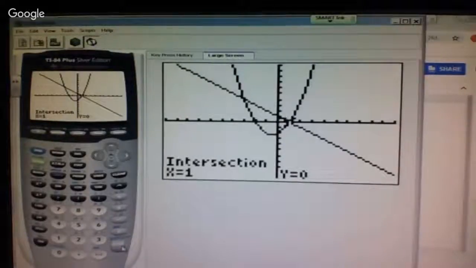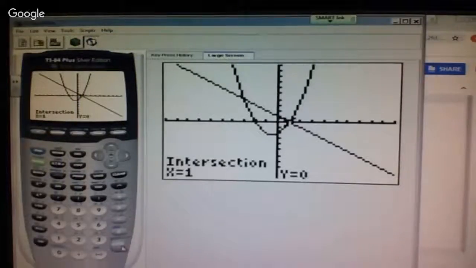Question. You know how you showed us the other way on the calculator with the quadratic, to find the vertex, the min or max? Can we not use this method to find that instead of going up? No, you can't. Unfortunately, you have to go to the left and to the right, or else it doesn't calculate it correctly.